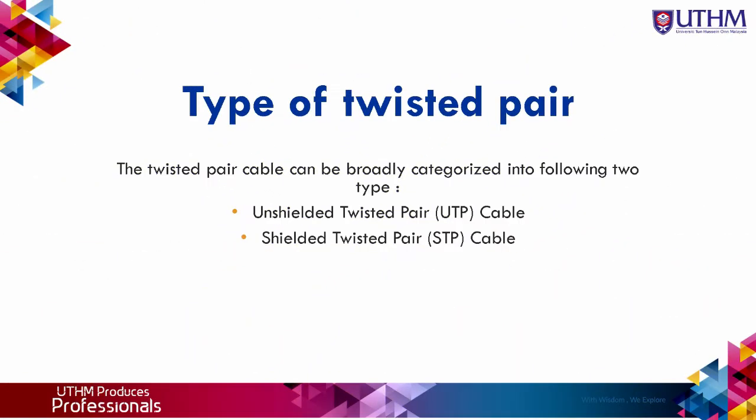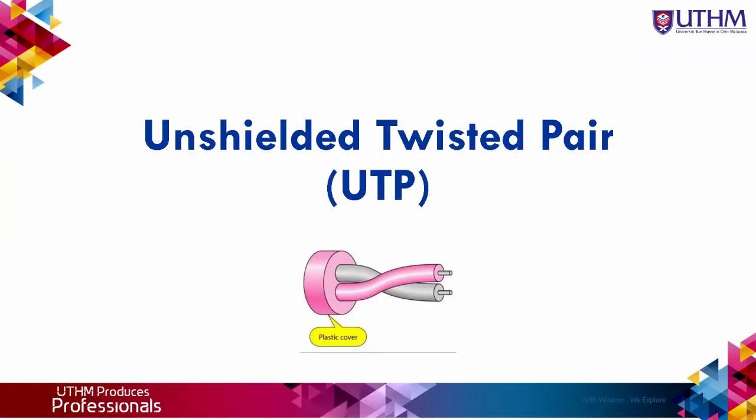There are two types of twisted pair. The first one is unshielded twisted pair cable, and the other is shielded twisted pair cable, also known as STP. Unshielded twisted pair cable is the most common type of twisted pair cable used in telecommunication networks.